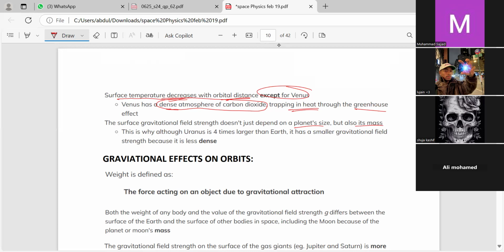That is why Uranus, which is 4 times larger than Earth, has a smaller gravitational field because it is less dense. It is less dense, it means it has less mass. So the value of g, gravitational field strength, depends upon the size, but majorly it also depends on the mass, or you can say density.